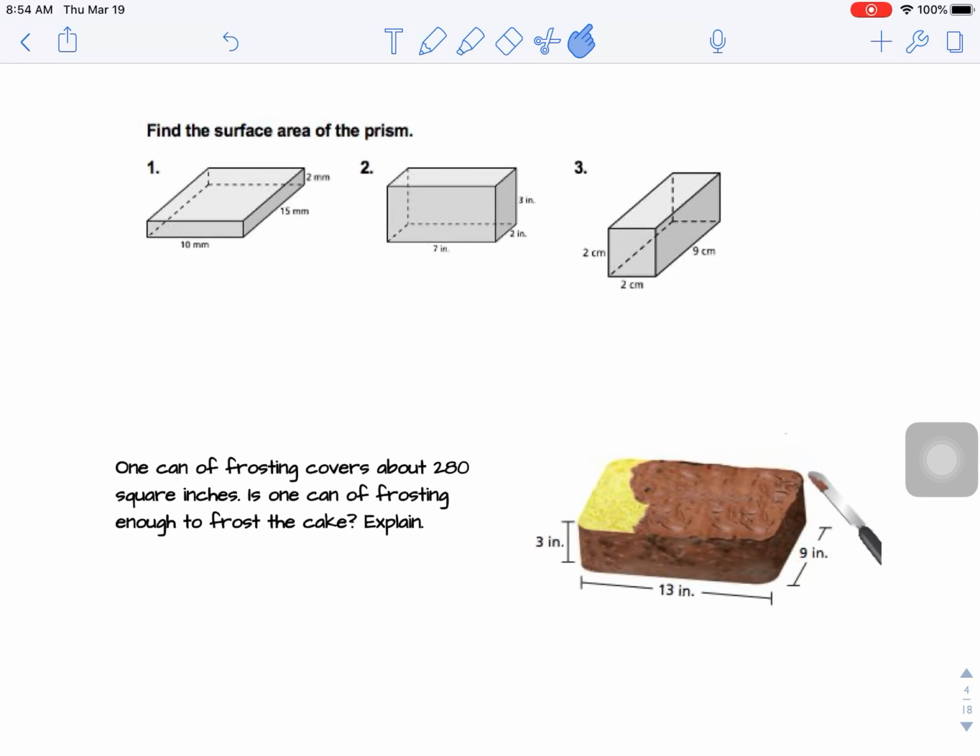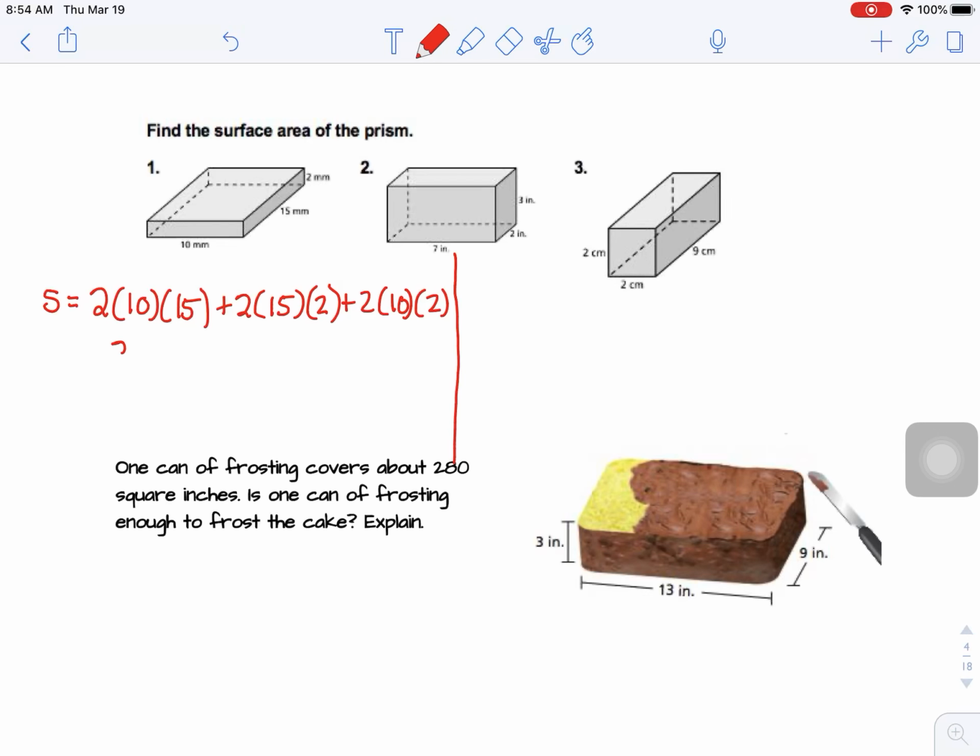Same idea for these examples below. Go ahead and calculate that. I'm going to use the formula here since these are not drawn out as nets. It's easy for me to plug into the formula. So I'm going to get surface area is 2 times 10 times 15 plus 2 times 15 times 2 plus 2 times 10 times 2.